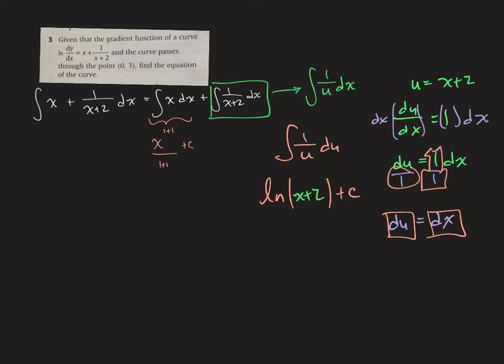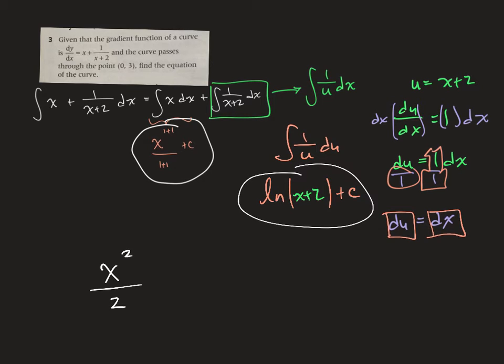Okay, so I have this piece of it, this piece of it, plus this piece of it. So let's write that out. We get x squared over 2 plus c plus the natural log of x plus 2 plus c. And I want you to note this plus c is super flexible because it just means that there's some number.